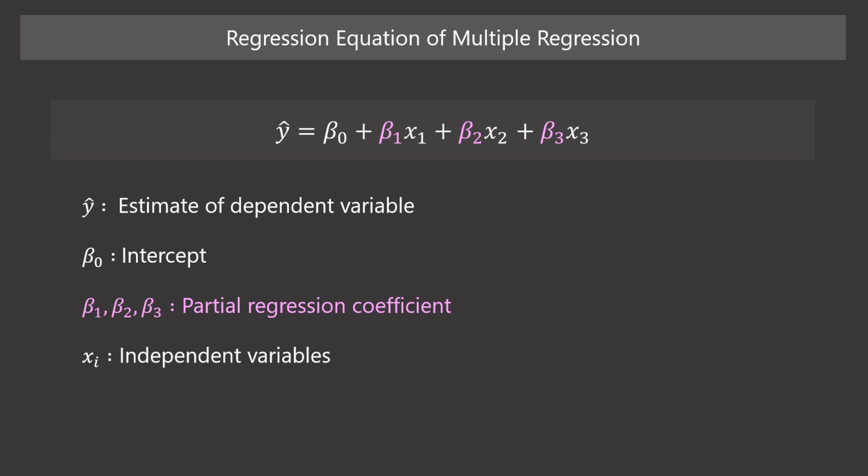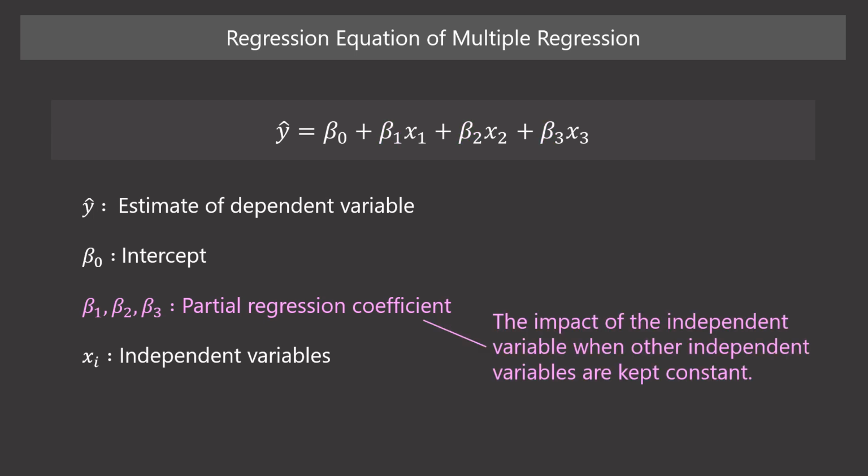There are two or more independent variables in a case of multiple regression, so each regression coefficient partially explains the dependent variable. So, regression coefficients are called the partial regression coefficient in multiple regression. Partial regression coefficient represent the impact of the independent variable when we keep the other independent variables constant.